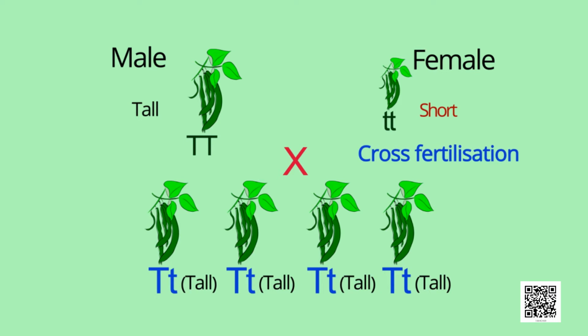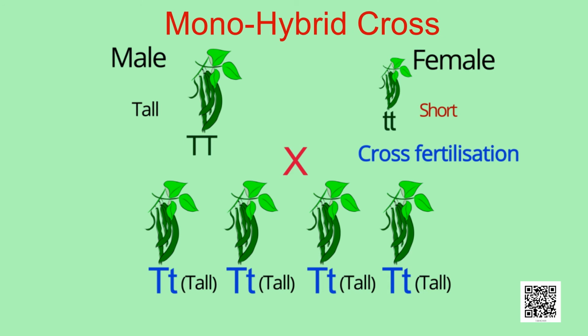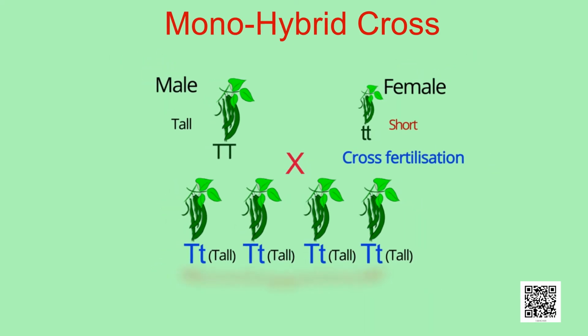Such a crossing is termed a monohybrid cross, because in this only one trait is studied, which is the height of the plant. In this cross, no short plants were obtained, or you can say that the ratio of tall plants to short plants was 4:0.